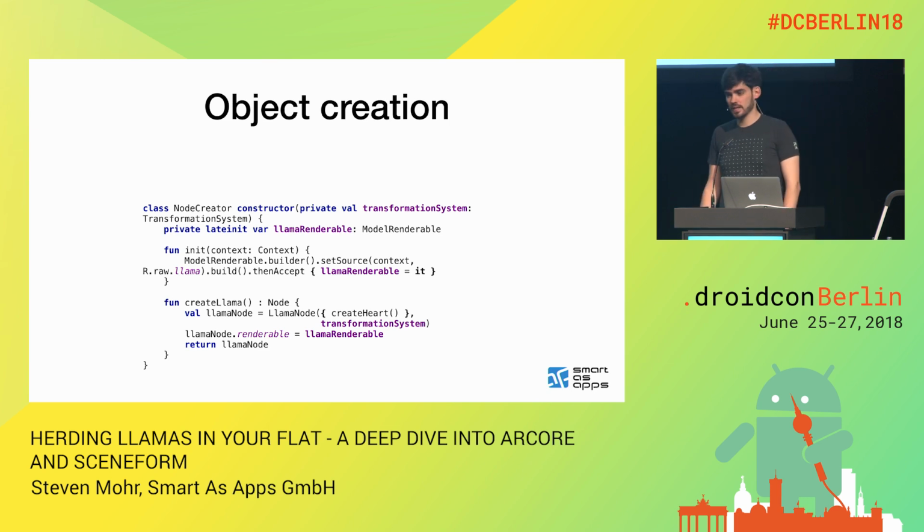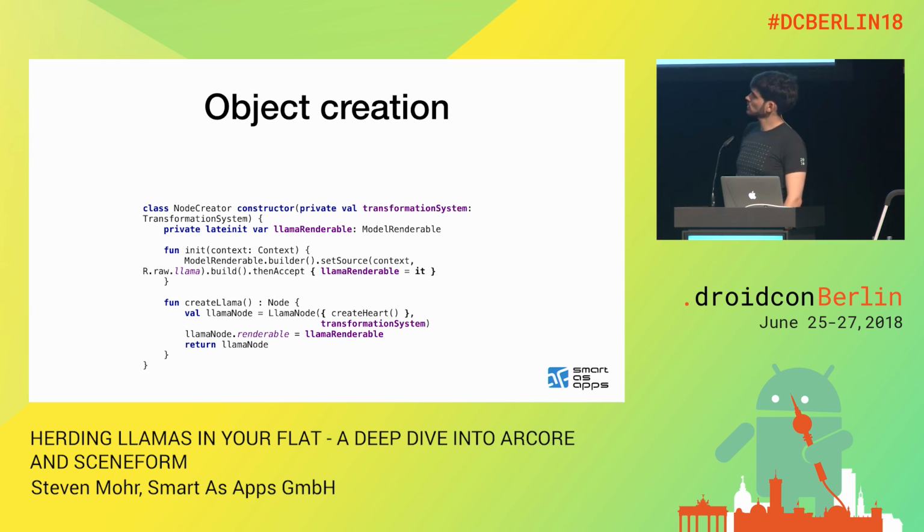You can also put them in the assets folder if you like, but this way you always know that the naming is right. And when it's finished, we just assign it. Sceneform takes care of the whole loading. It takes care of dispatching it to a worker thread. So this build method returns a completable future that we can then use to get the result of this background work.